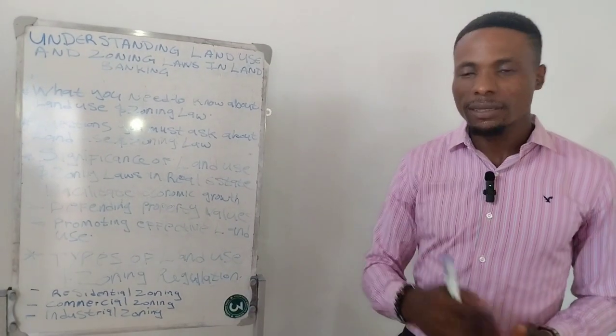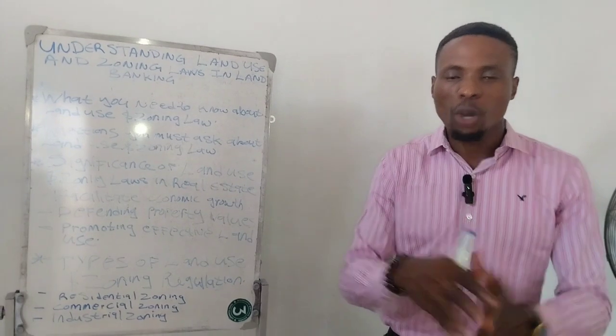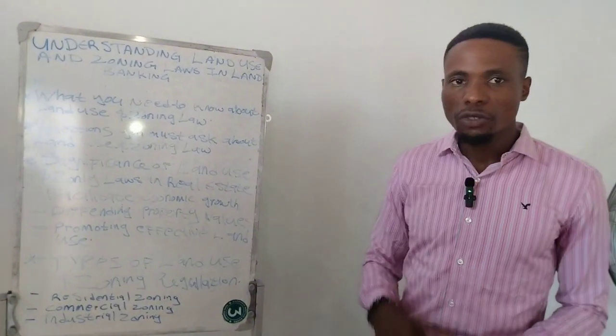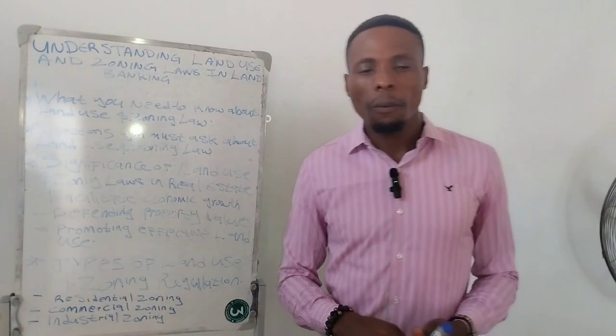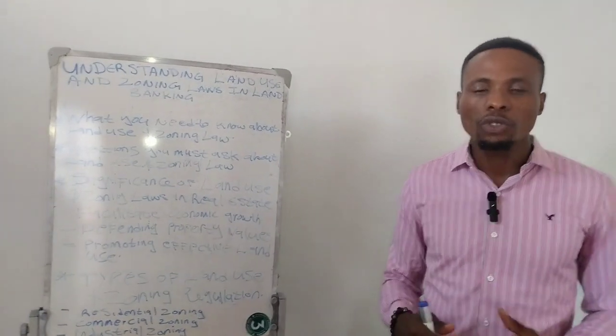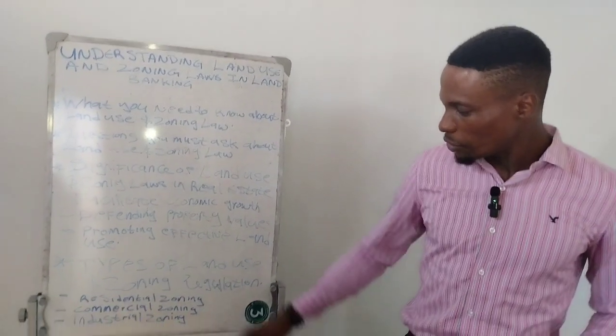This helps to protect the commercial growth of the area. Yes, it is meant to foster commercial growth of the area. When you site commercial properties in commercial areas, you intend to help boost the commercial activities of that area and also create employment in that area. And then finally, we have industrial zoning.